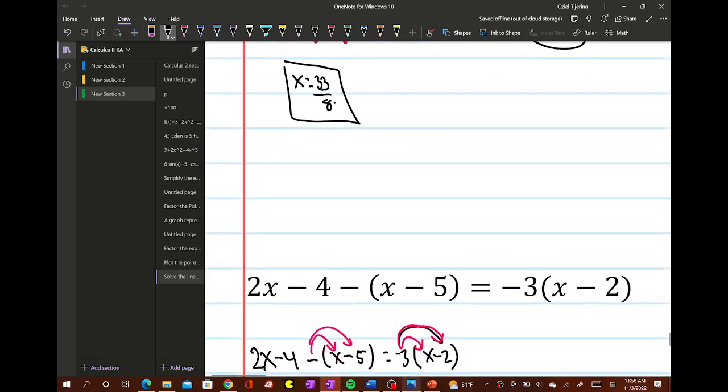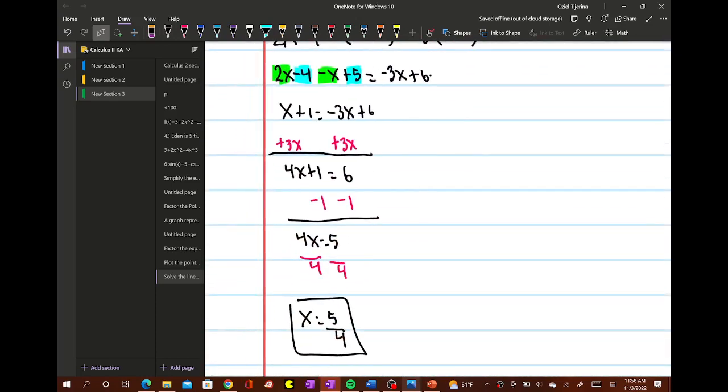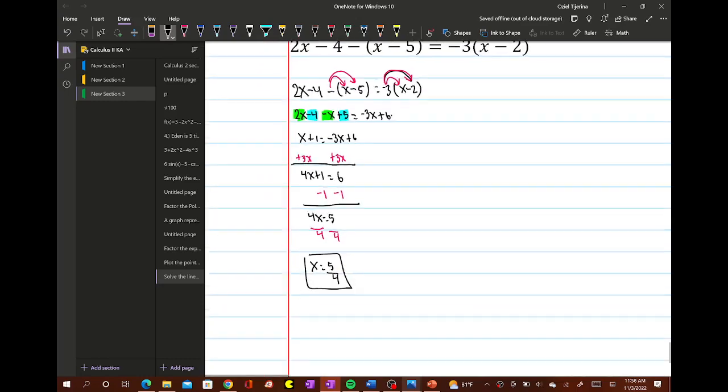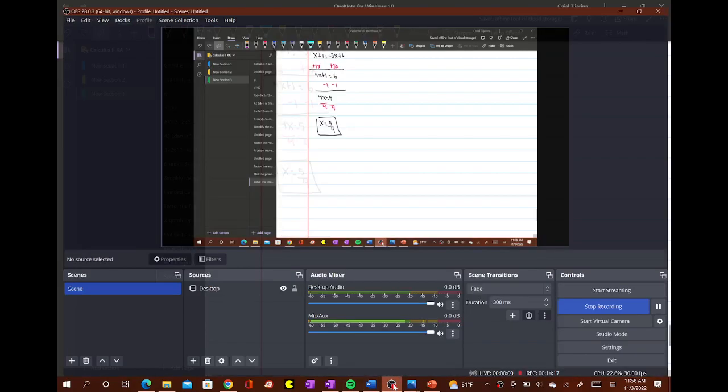So these are just other ways. Same for this one. I could have subtracted x and done all of this stuff and then still gotten 5 over 4, right? So those are just other ways in which you could have solved these equations.